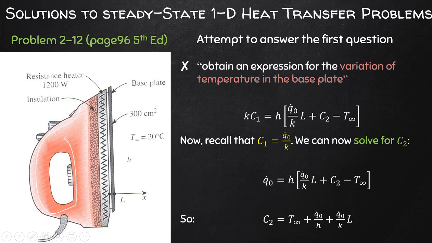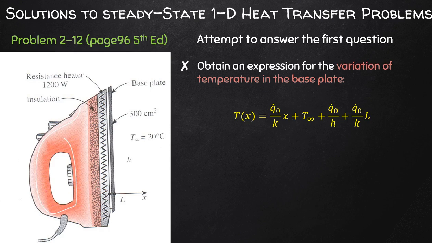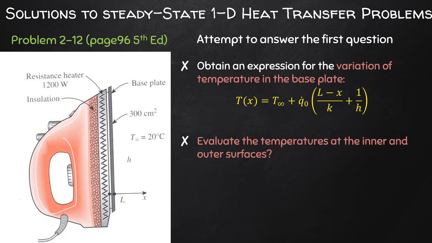We've done this by substituting in C1 for the thermal conductivity ratio and heat transfer ratio, etc. So the expression that we get to is T as a function of x, where x can go from 0 to L, equal to the following terms, which are for the thermal conductivity as well as the heat dissipation via convection, the convective heat transfer.